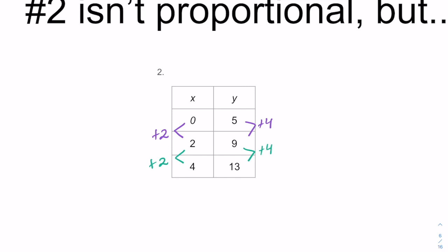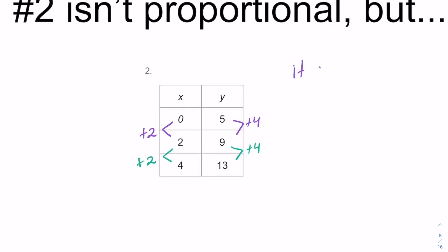So it is not proportional, but there is a constant rate of change. Every time x is increasing by 2, y is increasing by 4. So it's not proportional, but it is linear because there is a constant rate of change.